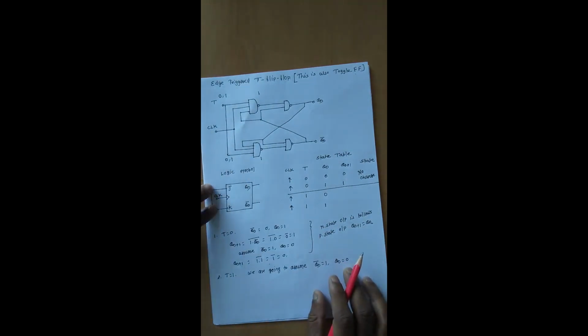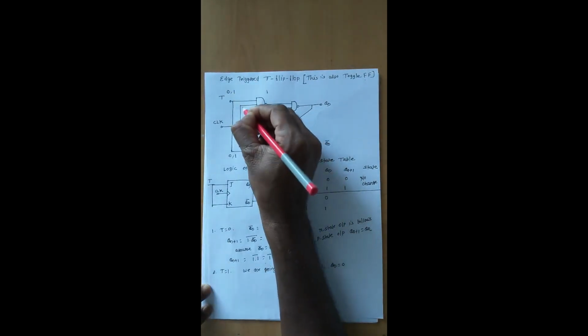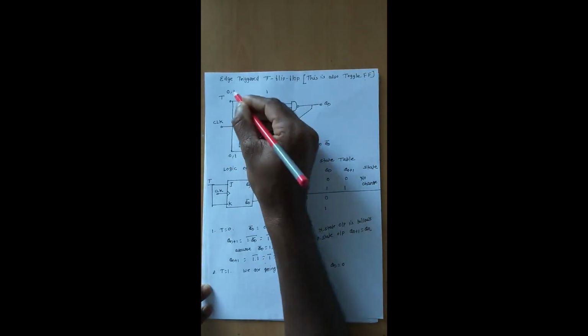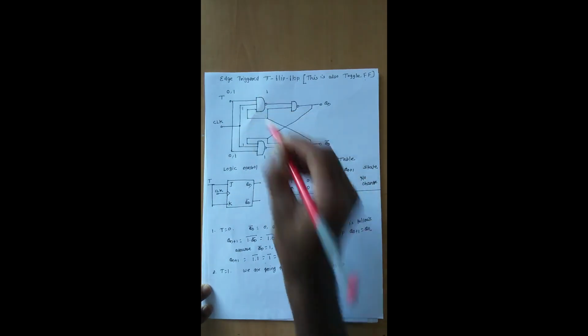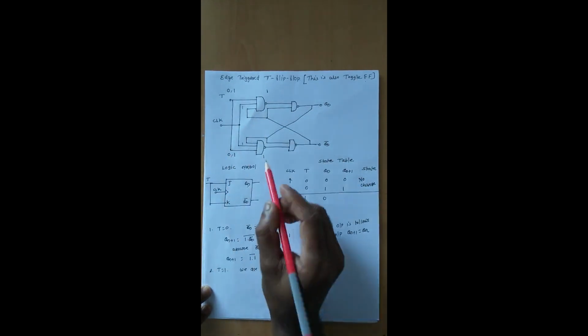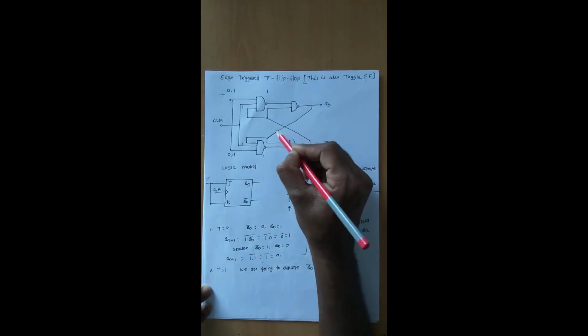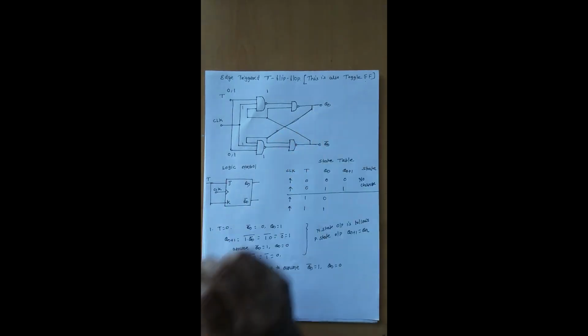This will be 1, this is also 1, the clock is 1, this is also 1. For 1 into 1, we have to know the third input, which comes from Q of N bar, and for this we have to find out the value of Q of N. So we have to know about this feedback path which comes from Q of N.